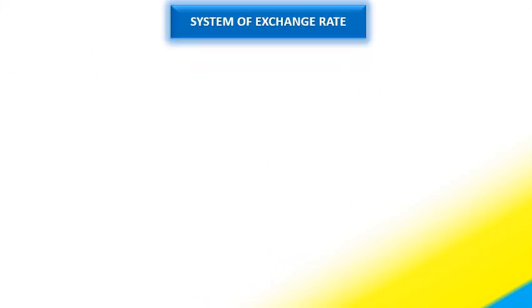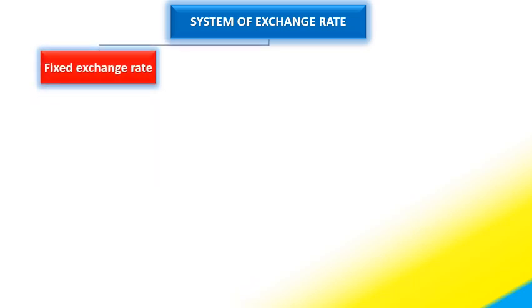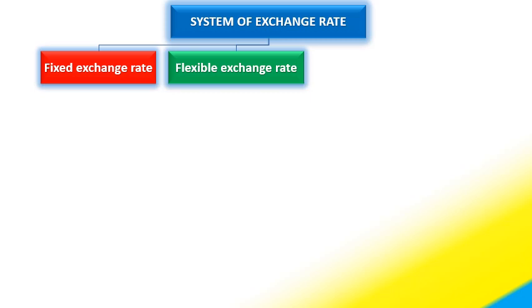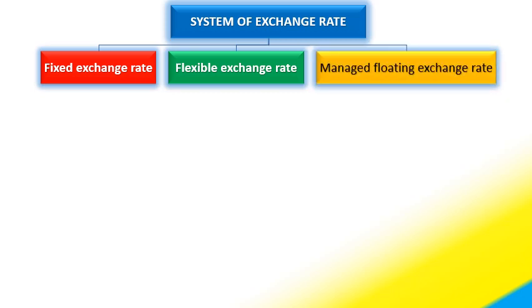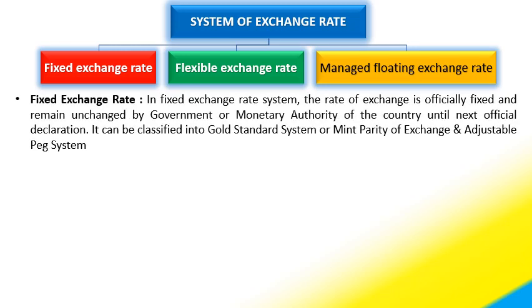Now, exchange rate systems are basically the fixed exchange rate, flexible or floating exchange rate, and managed floating exchange rate. Under the fixed exchange rate system, the rate of exchange is officially fixed and remains unchanged by the government or monetary authority of the country until the next official declaration.